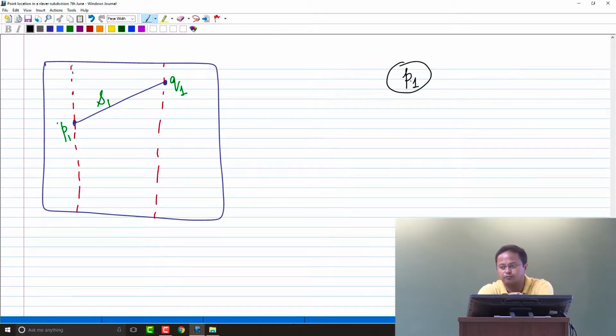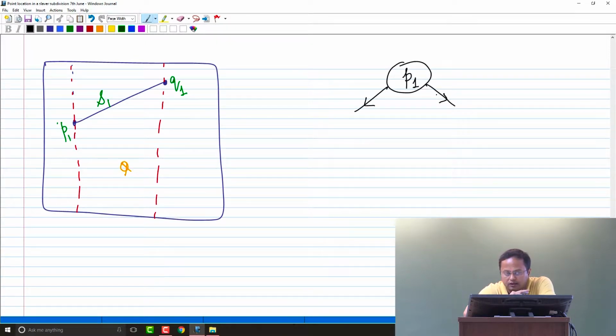That means if a query point comes, based on the x coordinate of P1, I can take a decision whether you go left or you go right. If you go right in here, you have hit a trapezoid.